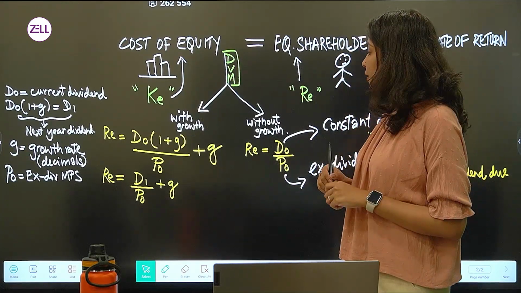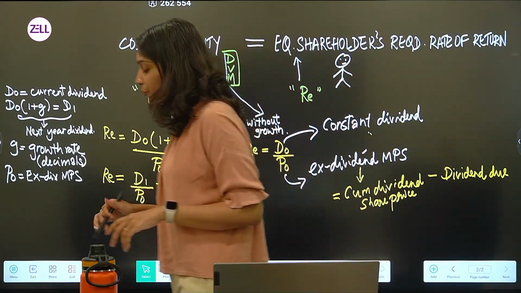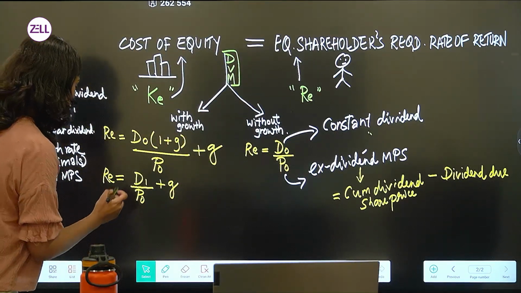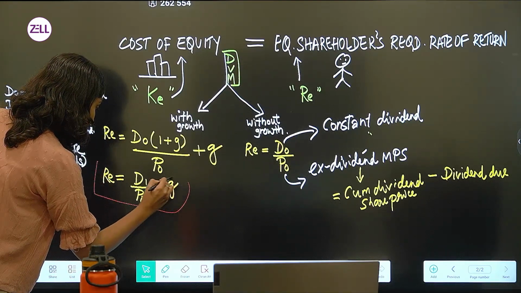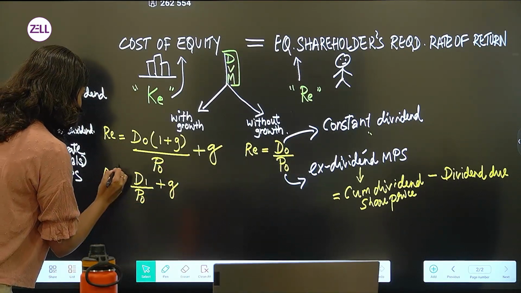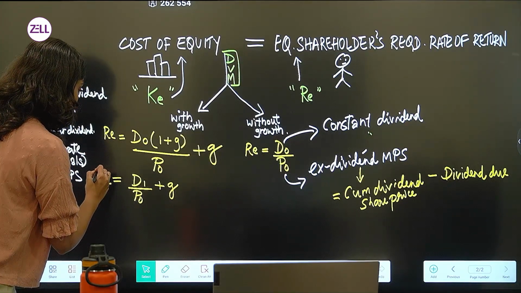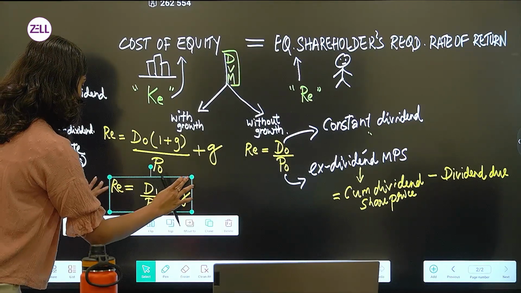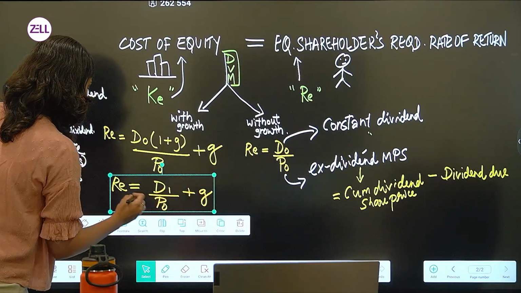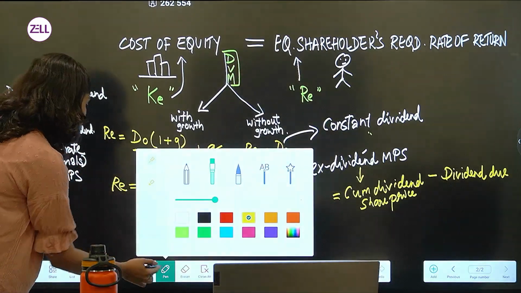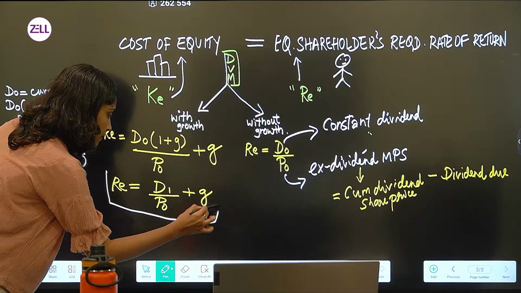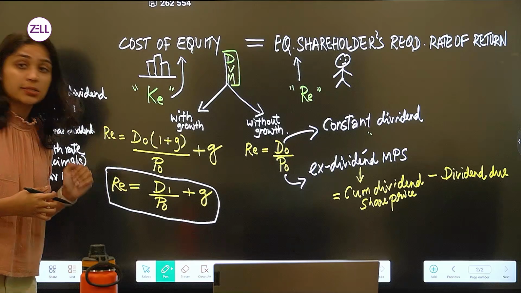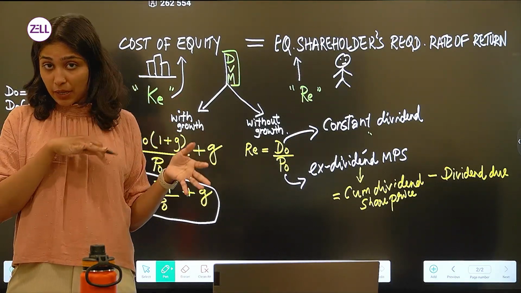Okay. So, this is one aspect of arriving at your cost of equity. Now that you can see this formula here, I can actually interchange this, in case I want to calculate the market price of the share.